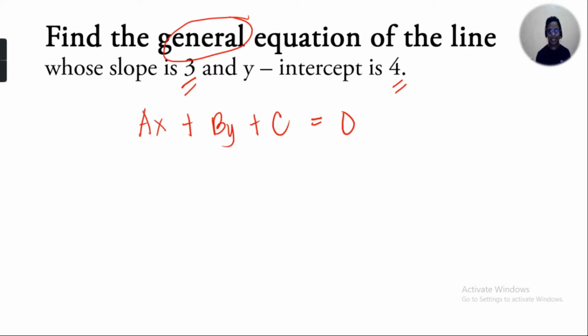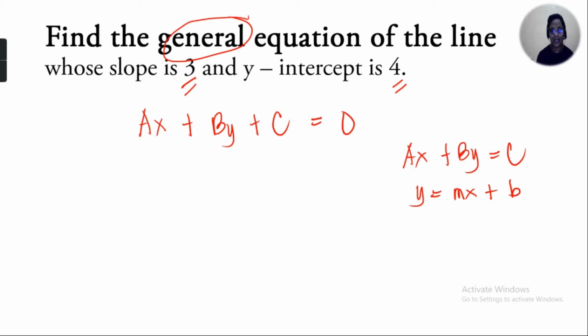Pag sinabi nating standard form, siya ay in the form ax plus by is equal to c. In slope-intercept form naman, we have y is equal to mx plus b. Ang given natin dito sa ating unang condition is slope and y-intercept.